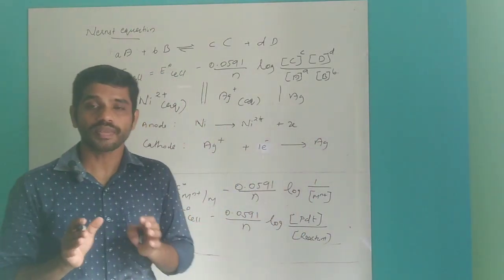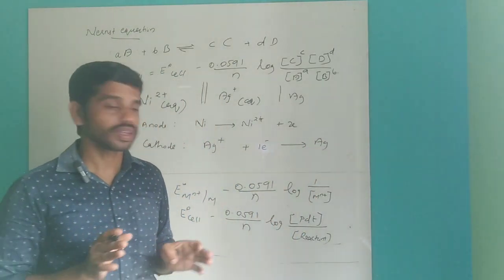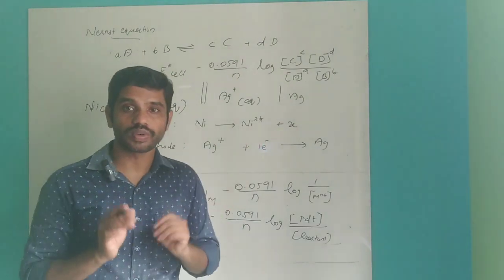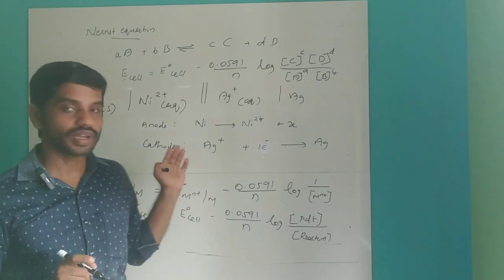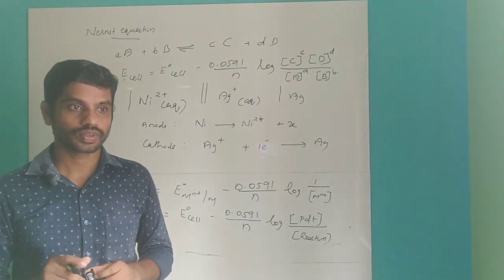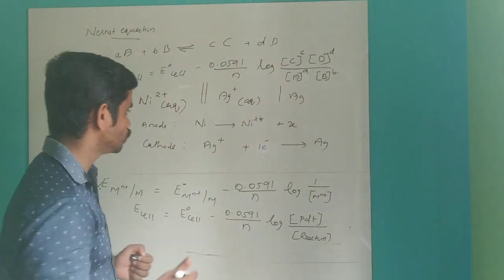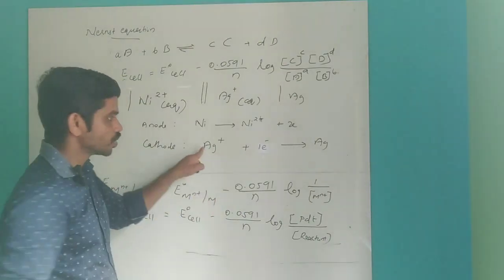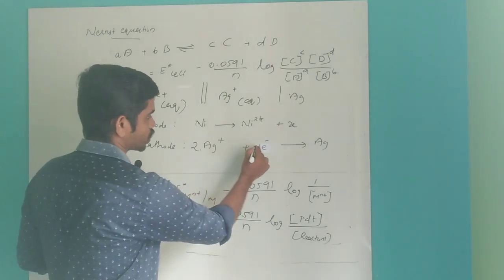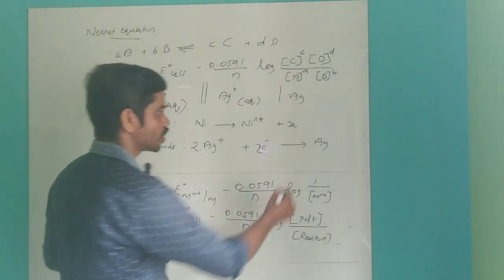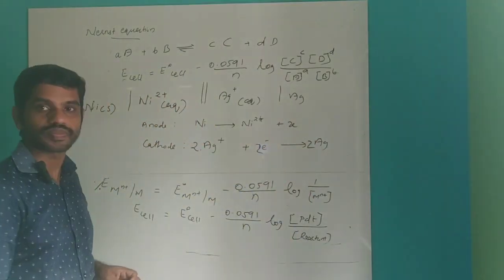Right, this is happening, but you know that the total number of electrons should be equal. For that, you have to multiply by 2. So this equation will become 2Ag plus + 2 electrons gives 2Ag.